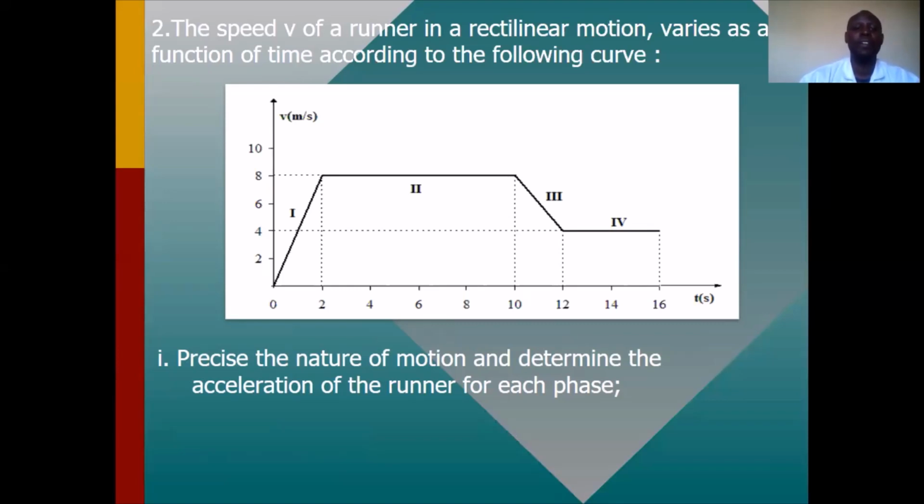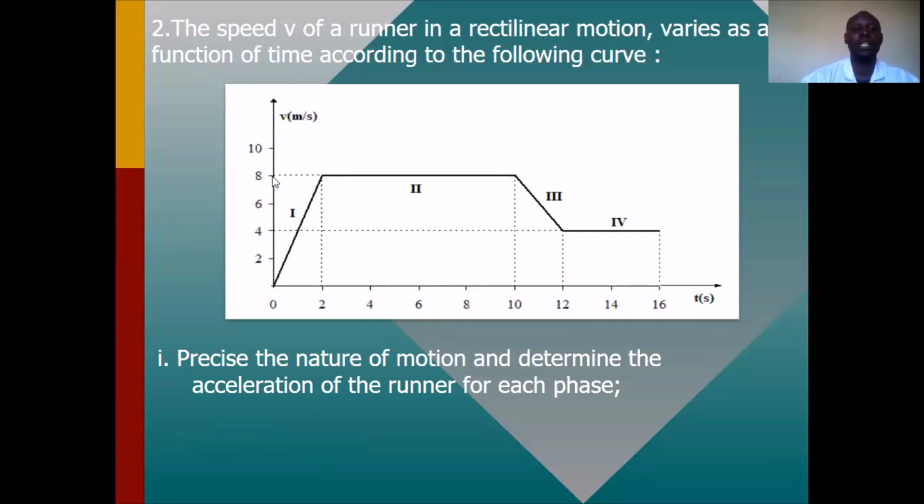For phase 1, the runner is moving from 0 meters per second to 8 meters per second in 2 seconds. For the nature of motion, we look at the final speed and the initial speed.